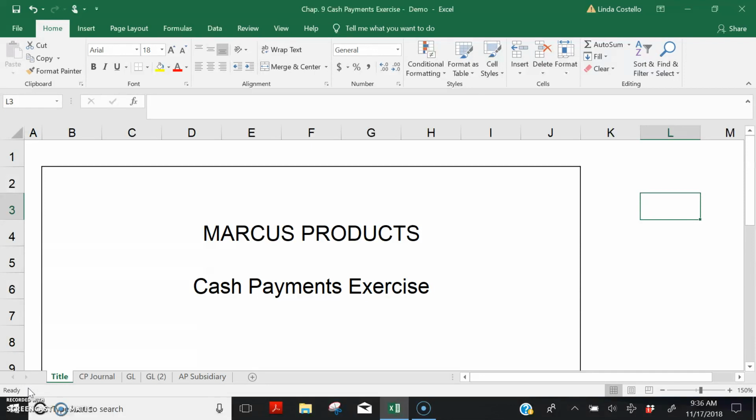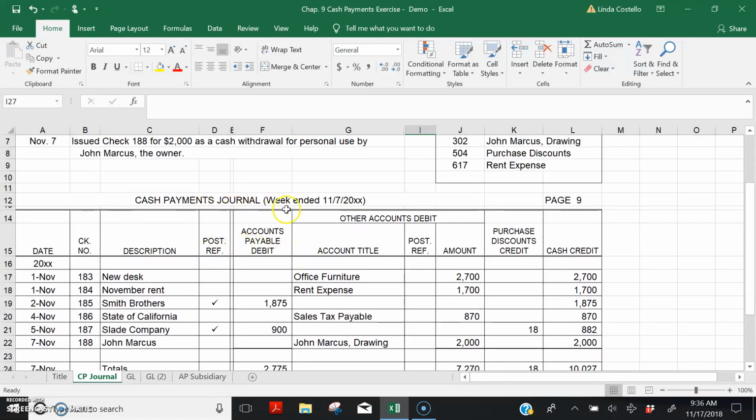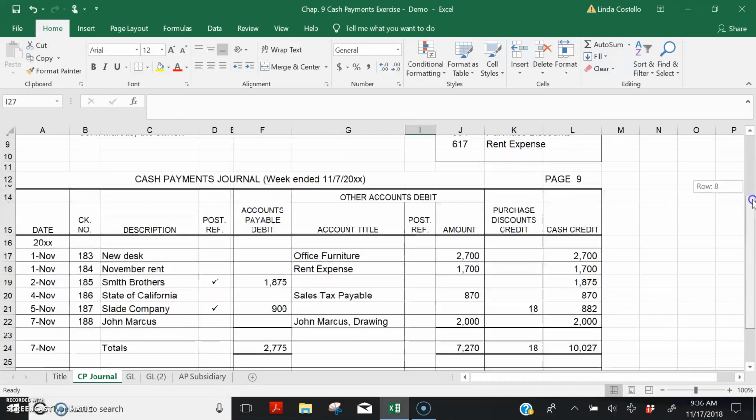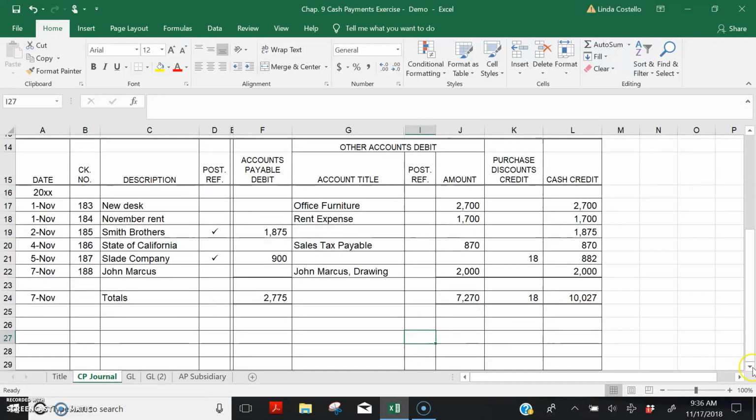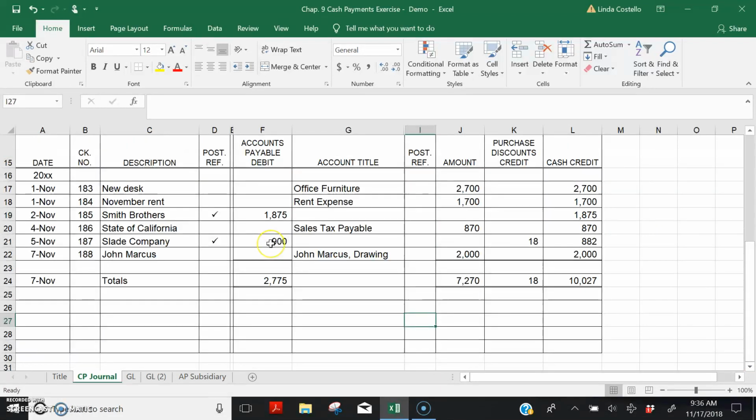Turn to the cash payments journal for the week ended November 7th, shown as page 9 in this exercise. We need to post the column totals from the cash payments journal to the correct general ledger account.